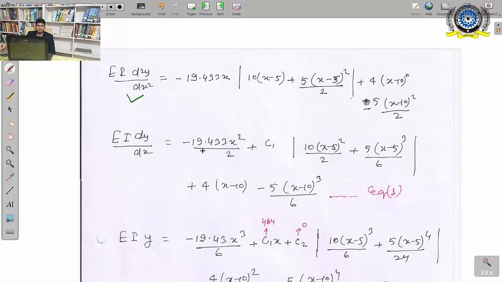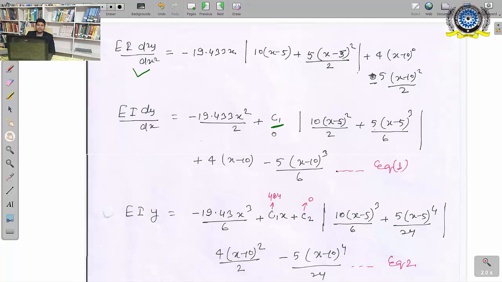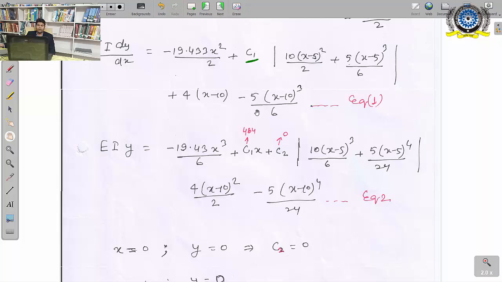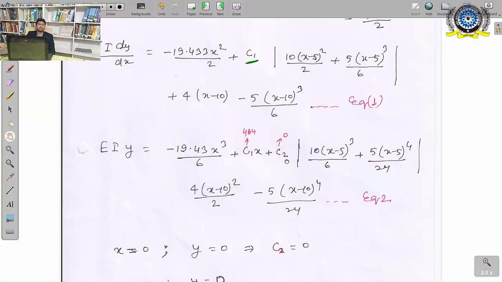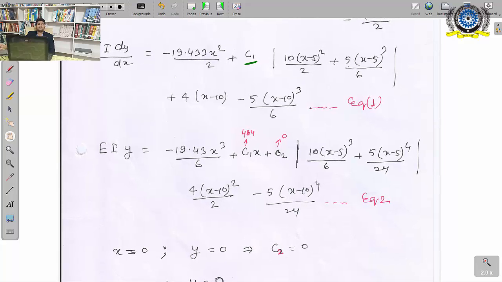When we integrate, we will get C1, the constant of integration. Integrating it once more, we get EI y equal to this equation. Here on integration we will get C1 x plus C2. So there are two constants of integration, C1 and C2.